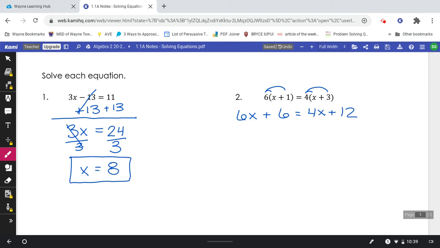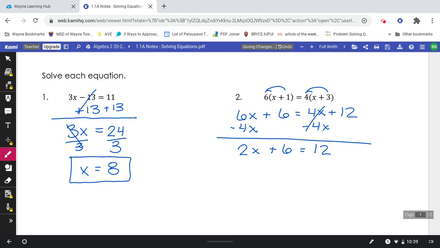All right, now I have x's on each side, so I need to move them all to one side. I'm going to choose to move everything to the left-hand side. I'm going to subtract 4x. I could have also subtracted 6x if I wanted to. 6 minus 4 is 2x. Bring down the plus 6. Bring down the 12.